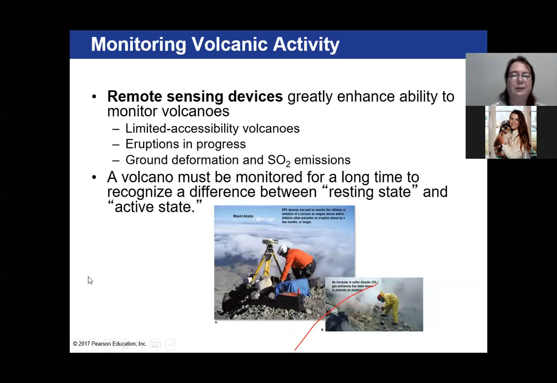Now we've got GPS and remote sensing. We can go out to a place that's really hard to get to or dangerous to be at, put our GPS device there, and there's a monitor sensor in here, and there's a data logger. You go back once a year, get your data logger, download your data, and you can see if that ground is rising or sinking.